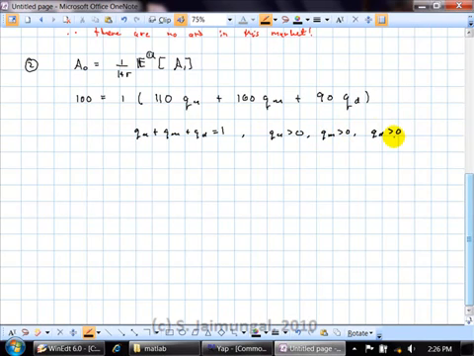And that they sum to 1. But if they're all positive and they sum to 1, they have to be probabilities. So we're seeking such Qs.